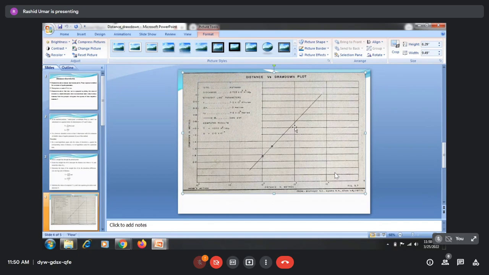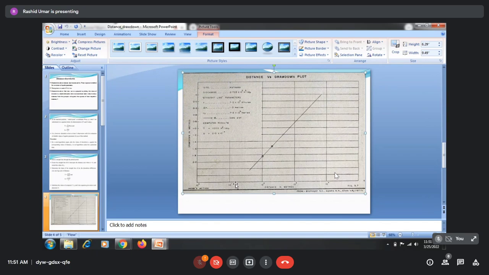And the rest of the procedure will be the same: we will be measuring the change in drawdown over a log cycle. We'll be calculating the delta S, and here we'll be calculating R0, that is the distance intercept at zero drawdown. You remember in Jacob's time drawdown method, I talked about T0, that is the time intercept at zero drawdown.